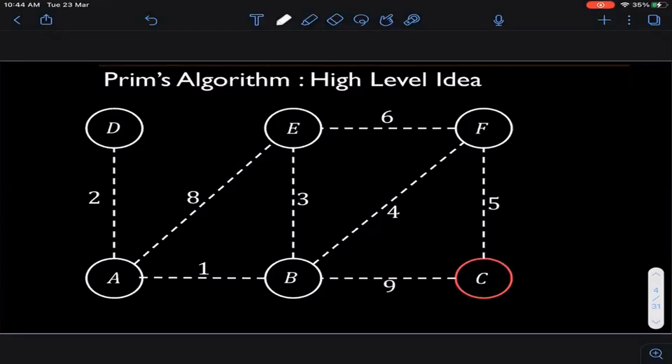Let's call it S. And it tries to maintain the following invariant. As the algorithm progresses, it will keep adding edges to its solution. And the property that it will try to maintain is that this set S is always connected. So that's an invariant that Prim's always tries to maintain.